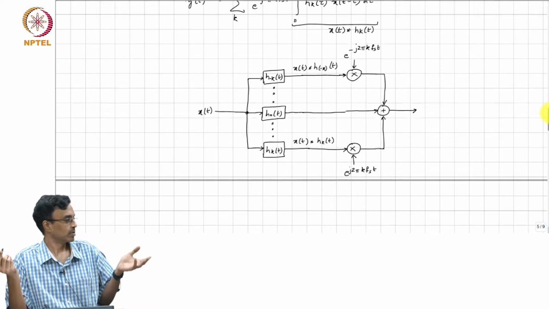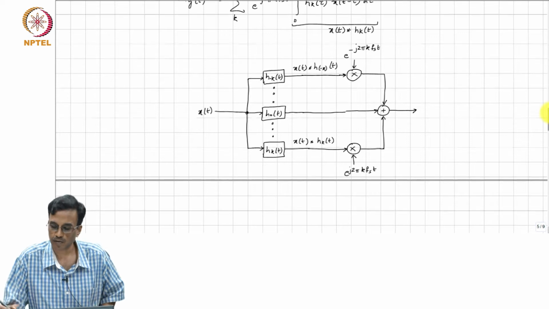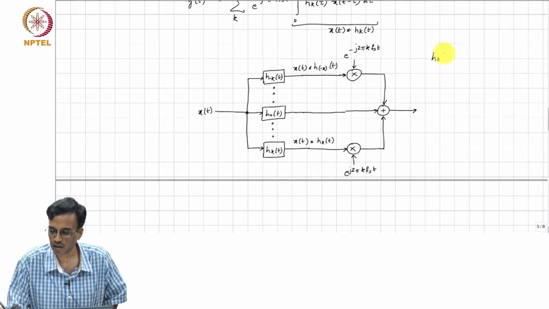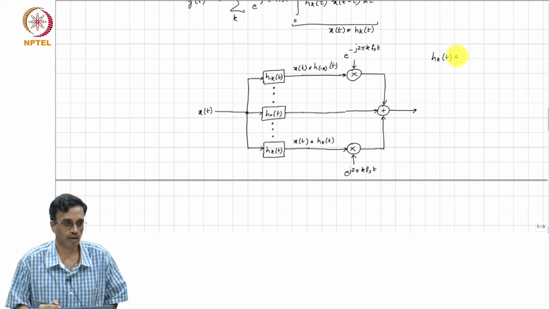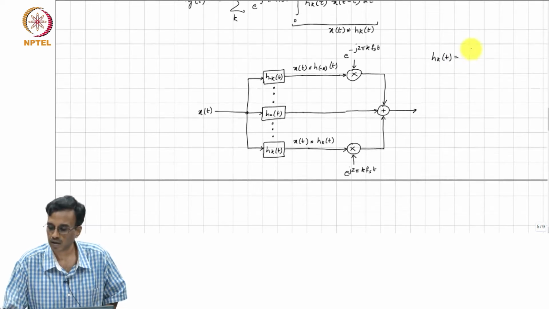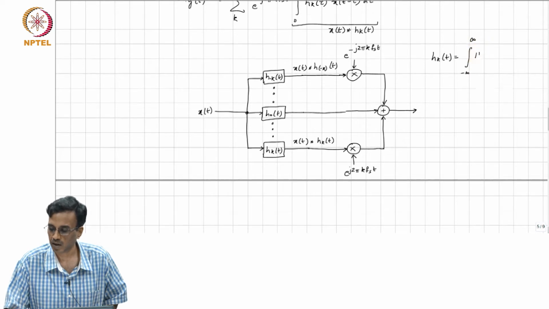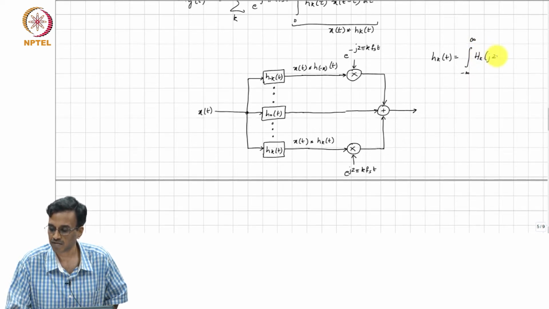Well, this block diagram must be familiar, right. This h sub k of t is nothing but the inverse Fourier transform of the kth harmonic transfer function. So, that is nothing but h sub k of j 2 pi f e to the j 2 pi f t dt.